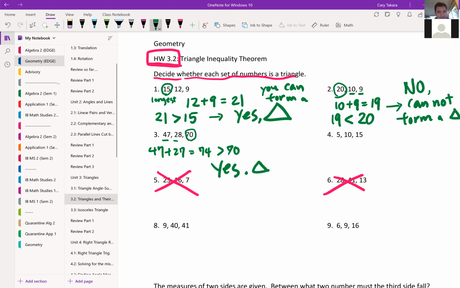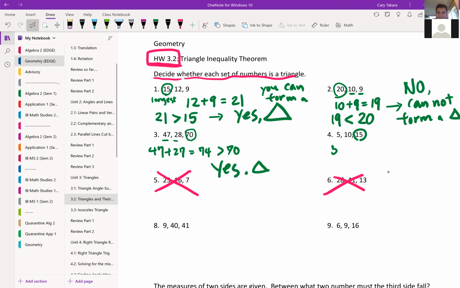Now, how about number 4, though? Is it yes or no? What do you guys say for number 4? No. Can you form a triangle? The answer is no. Yeah? Is everybody okay on that? So let's pick the longest stick, which is 15.